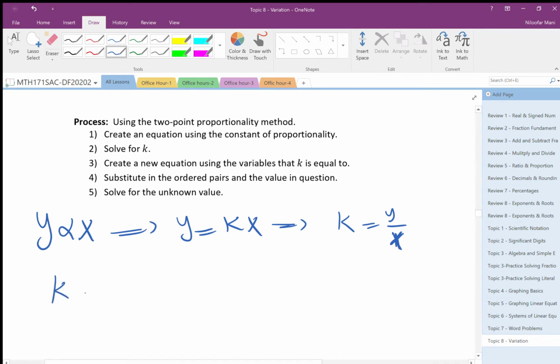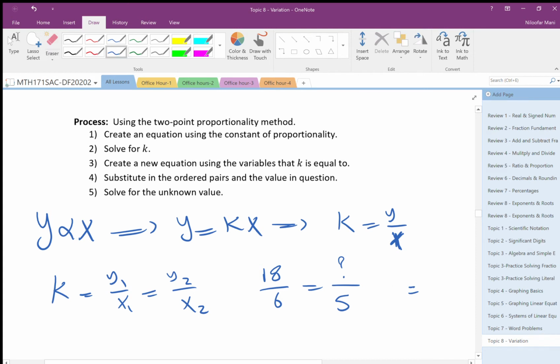So k is y1 over x1 equals y2 over x2. So 18 over 6 equals a question mark over 5, and that question mark is y2.